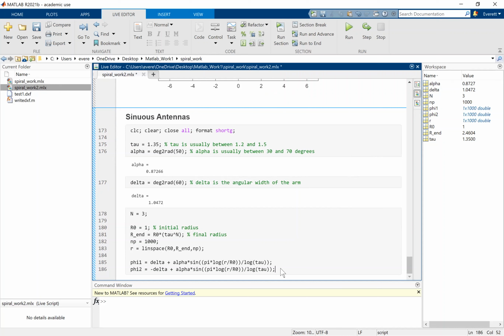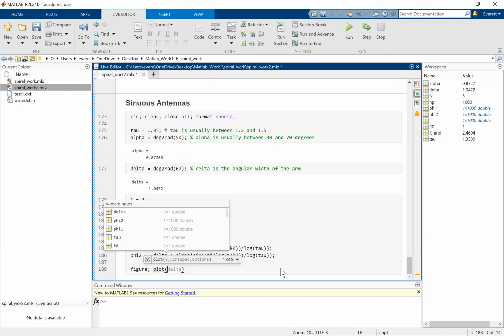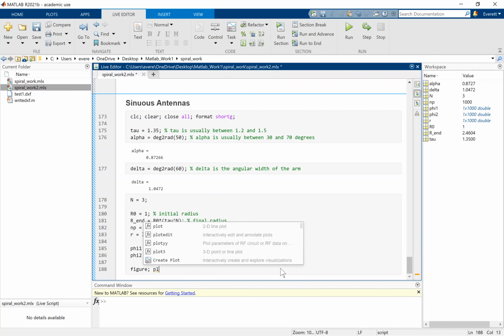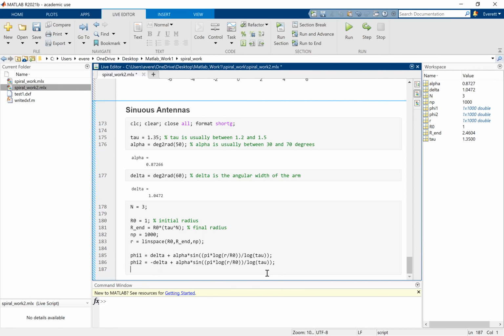All right, so now that we have our R vector and our phi1 and phi2, let's start plotting. Again, we need to convert this into Cartesian coordinates. Right now we have polar coordinates, so we need to convert to Cartesian.